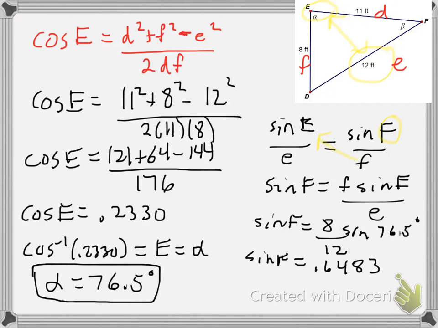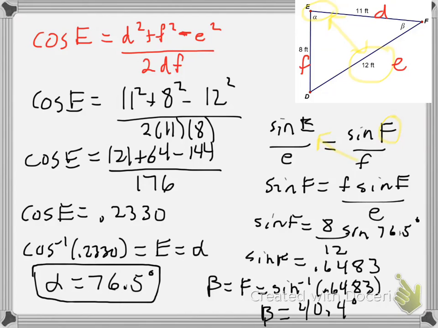So you arc sine that, and you get F, which is actually beta, equals arc sine 0.6483. So beta equals second arc sine, second negative sine, which is the answer button, 40.4 degrees. And I've got that one right there.